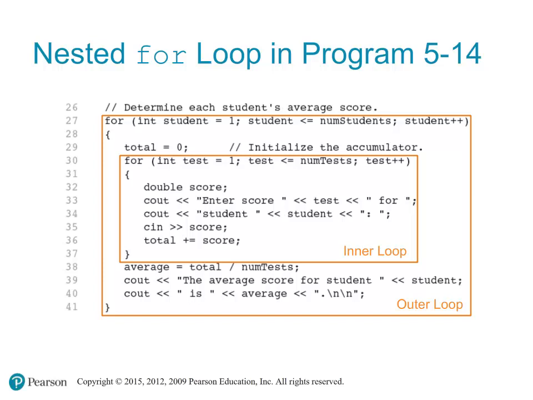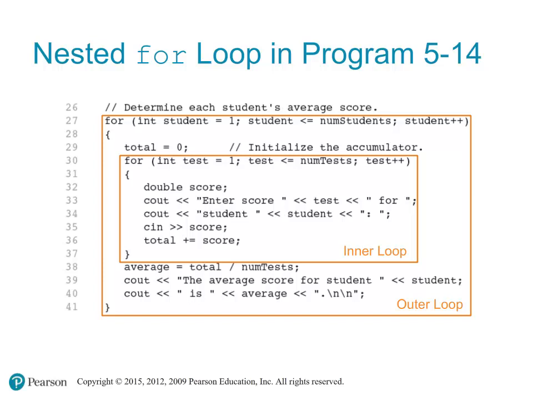For the inner loop, the purpose is to iterate over each test score for the current student. The range is from test 1 to numTests. During each iteration, the program prompts the user to enter the score for the current test and the student.